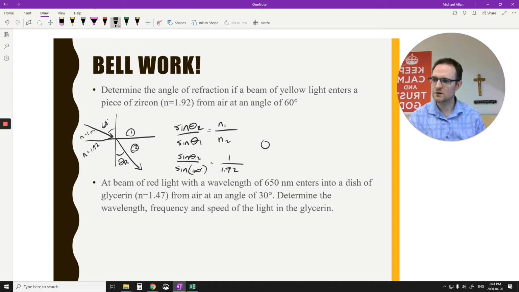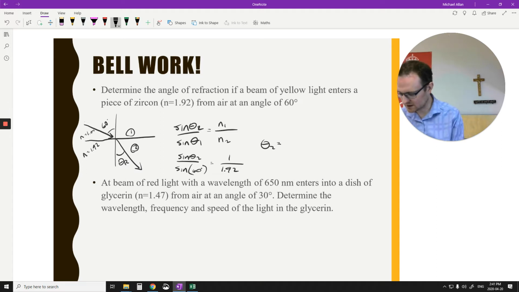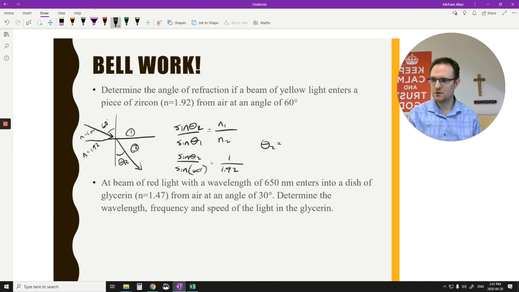We're just going to rearrange to get theta 2 by itself and take the sine inverse. So sine 60 times 1 divided by 1.92, then sine inverse. And I get, oh, that's a pretty big difference, 26.811 decimal degrees. But you notice that there's no decimal place on this angle, so let's just go 27 degrees for this one.